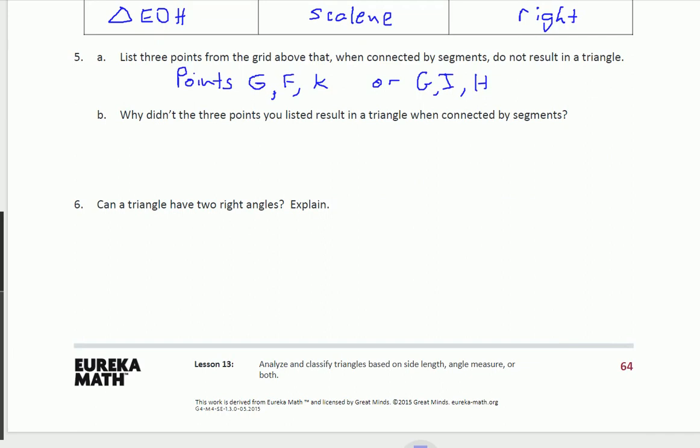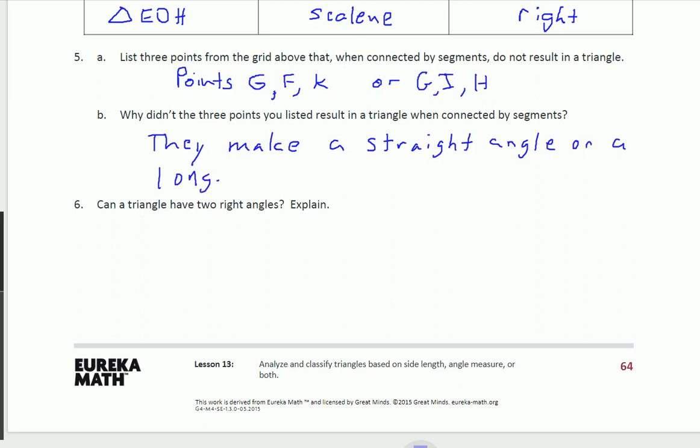They make a straight angle or a longer line segment.